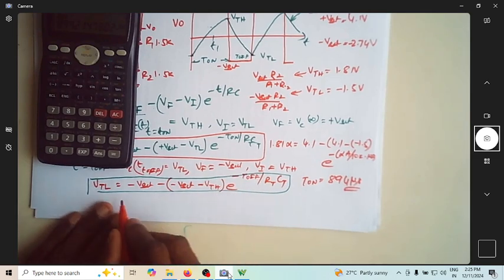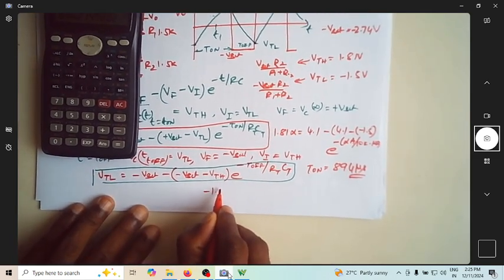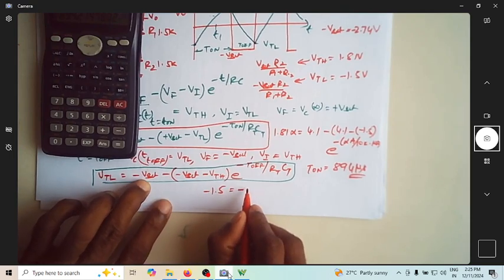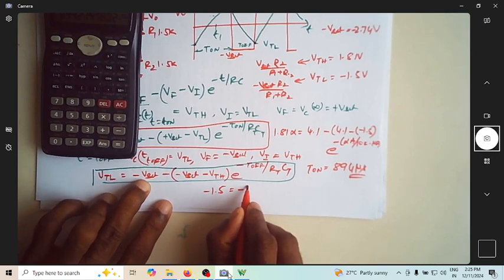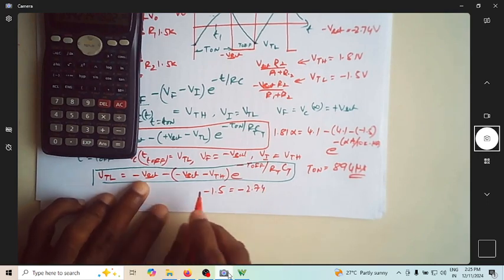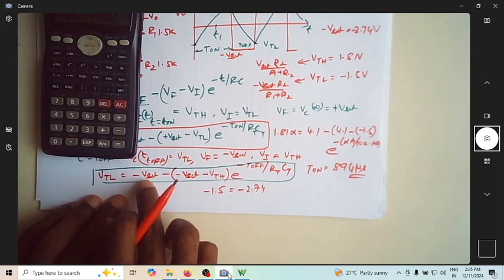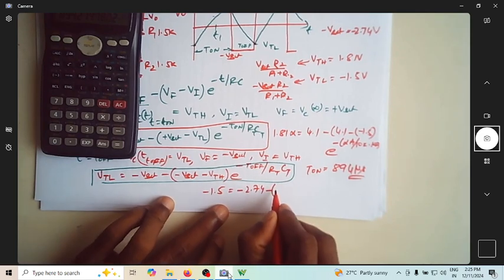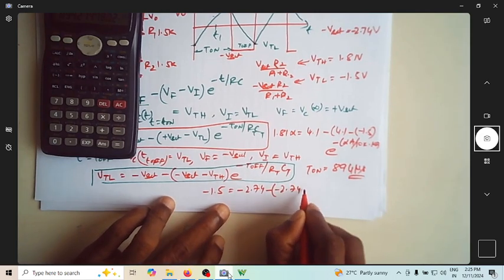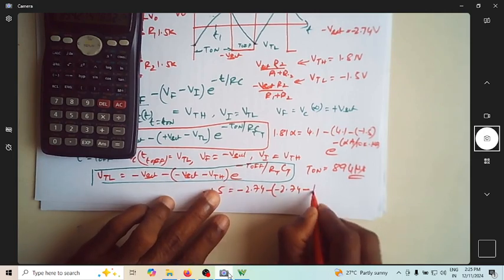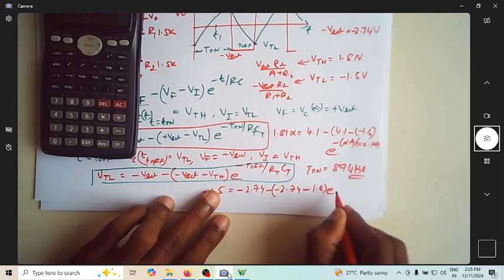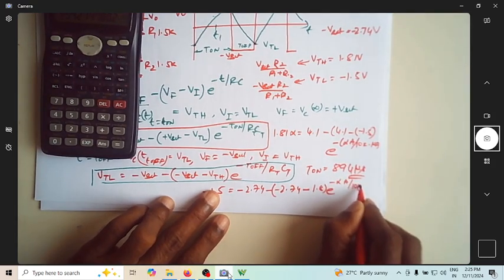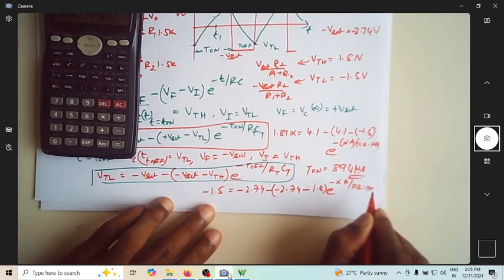So for finding T off, what is VTL? It is minus 1.5 is equal to minus of Vsat, which is minus of 2.74. I am just trying to substitute minus Vsat, which is minus 2.74. Minus of minus 2.74 minus of VTH, 1.8, e power minus alpha A divided by 10k and 0.1 microfarad.